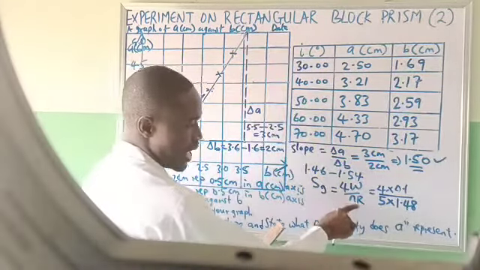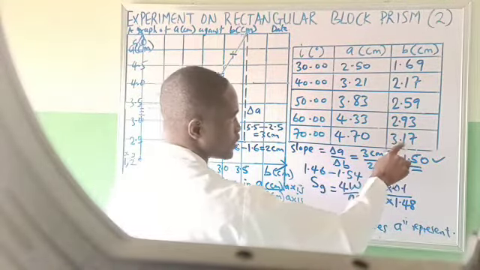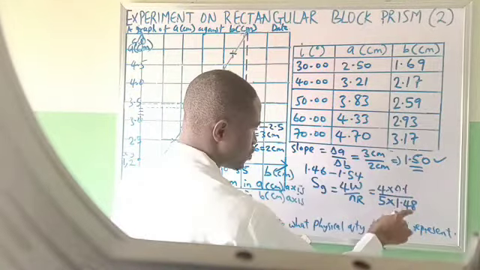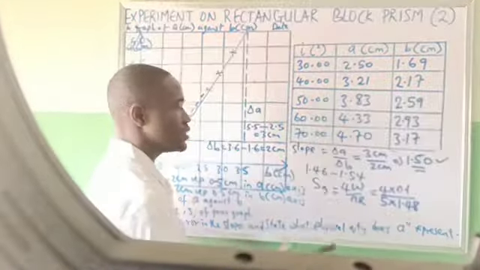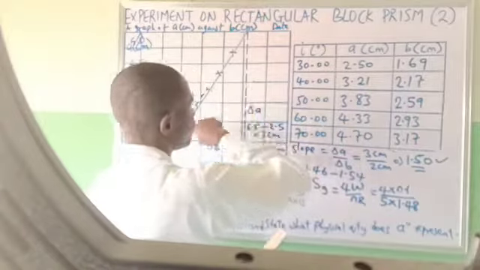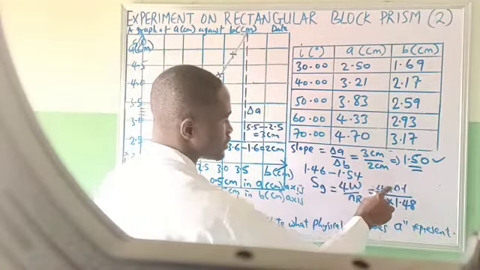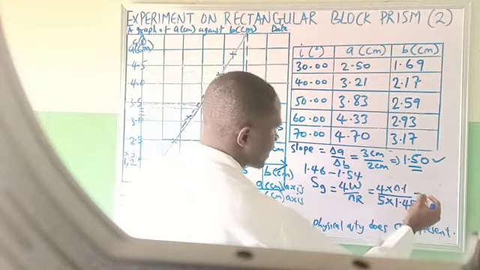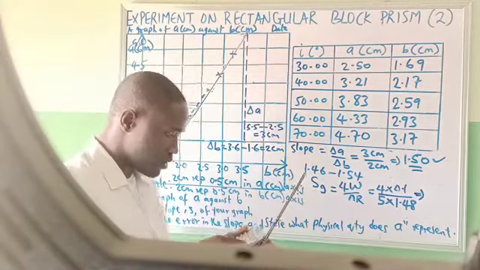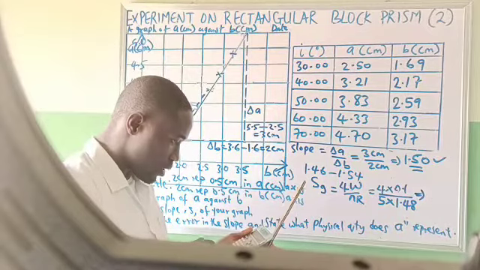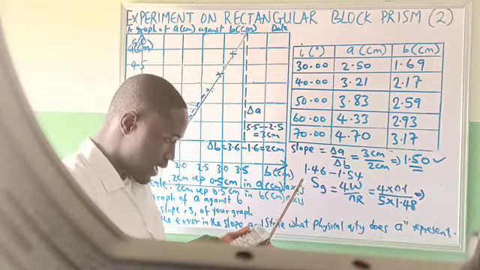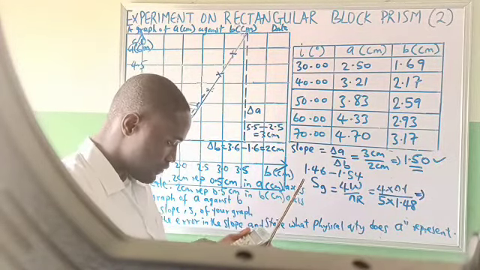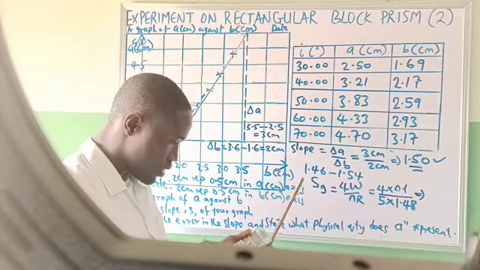So R means the range of the horizontal, the highest minus the lowest. N means the number of points you plotted. 4 is constant. W means your vertical scatter. You now get the value: 4 times 0.1 divided by bracket 5 times 1.48.